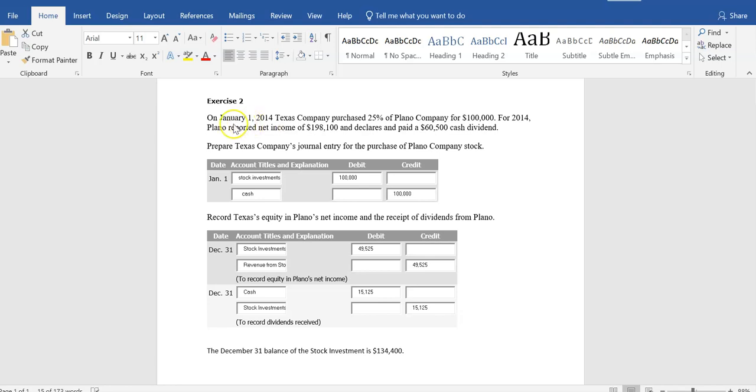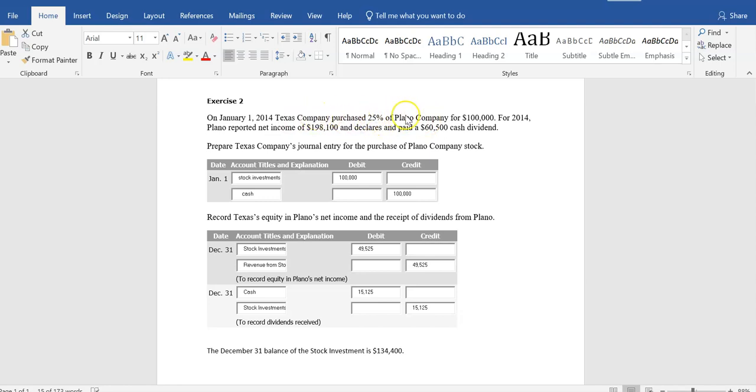So here on January 1st, Texas Company purchased 25% of Plano Company for $100,000. Because more than 20%, less than 50% of the Plano Company's ownership was purchased by Texas, it is assumed that Texas can exert some significant influence over Plano Company's operations.